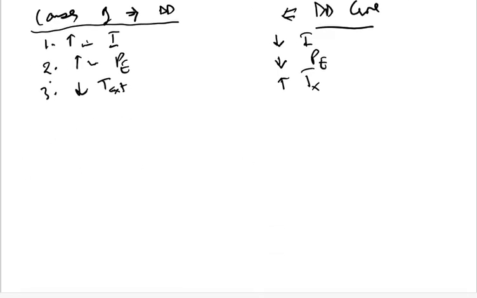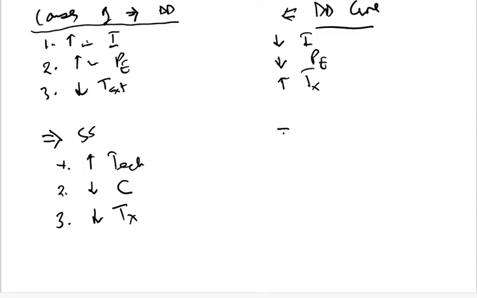What about the causes of a rightward shift in the supply curve? These will be things like improvement in technology, and a reduction in cost of production. Issues like government policy, maybe a reduction in tax, will also increase supply. In terms of leftward shifts, it's the opposite of this.